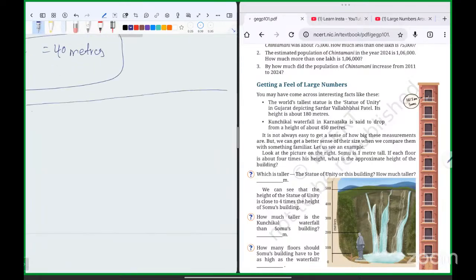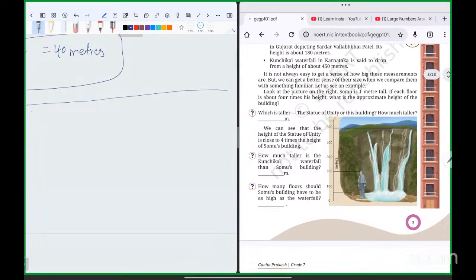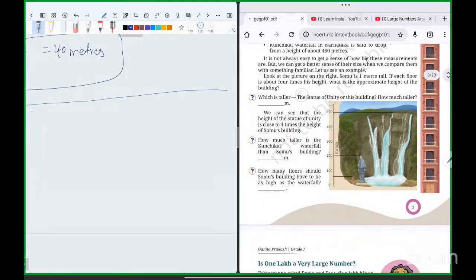So let us see the next question. Which is taller, the Statue of Unity or this building? This building refers to the building from the question above, the one whose height we found in the previous question, which is 40 meters.